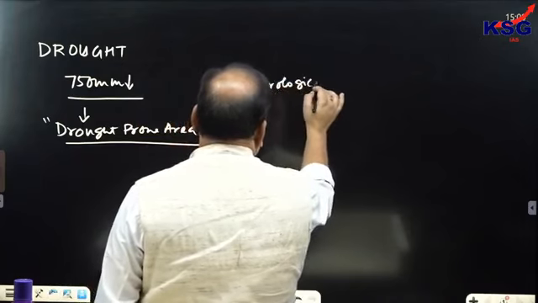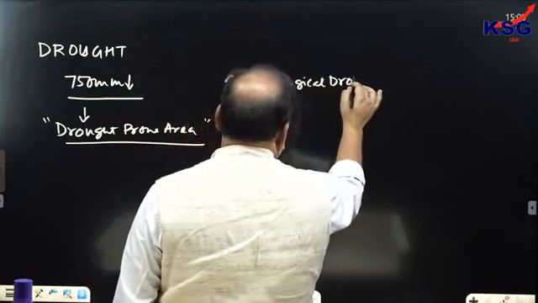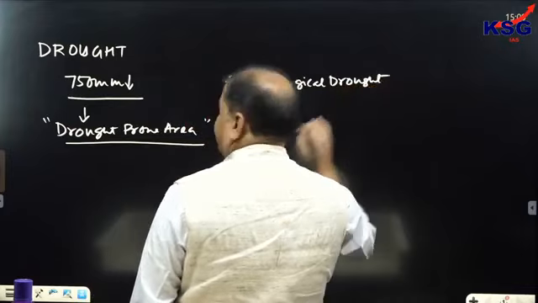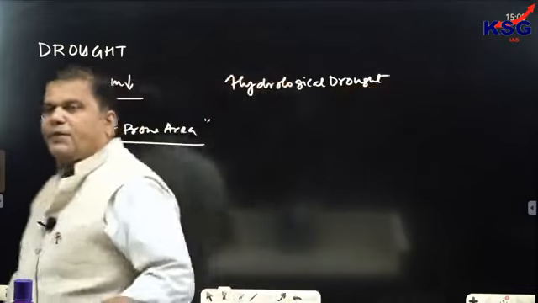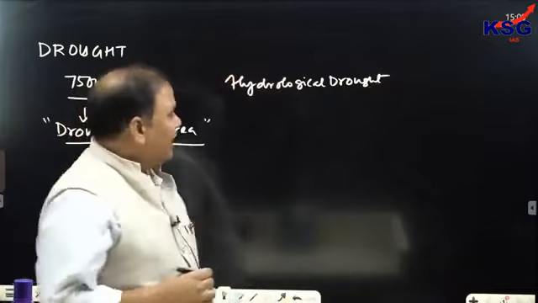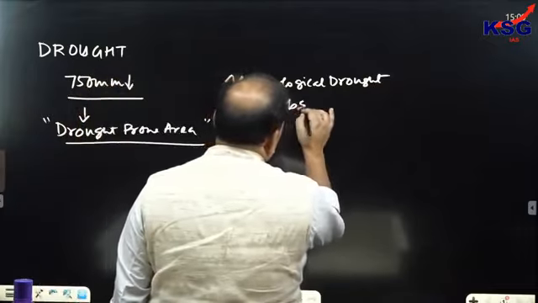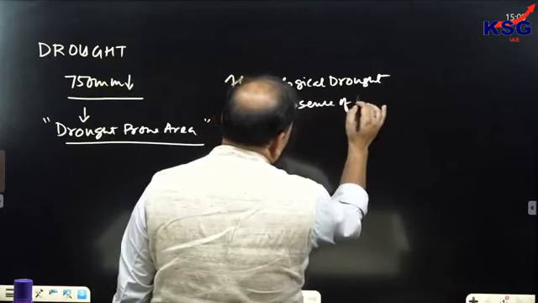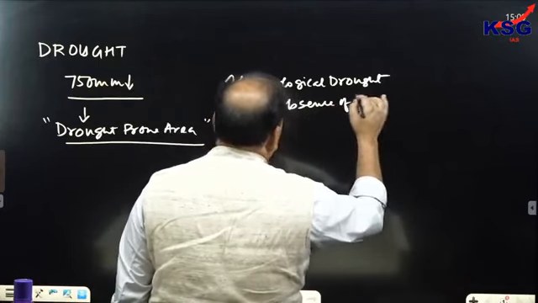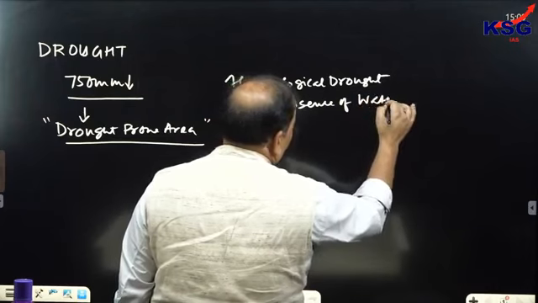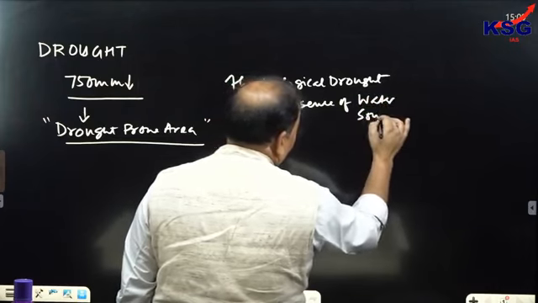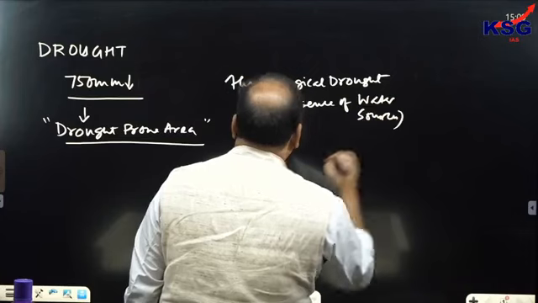There are three types of droughts. Hydrological drought, which happens due to absence of water sources.